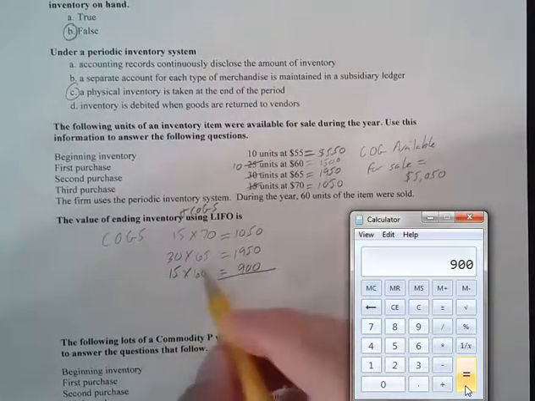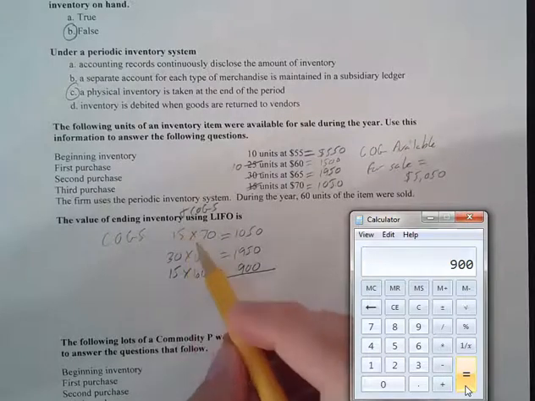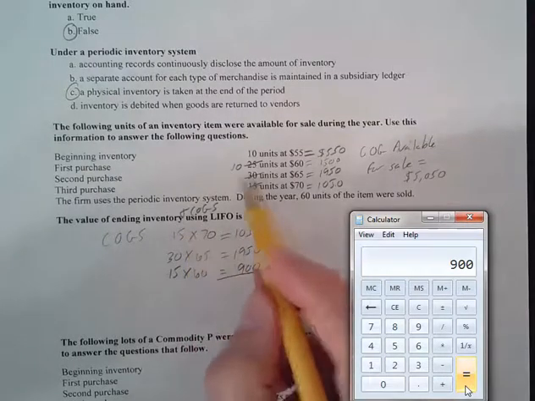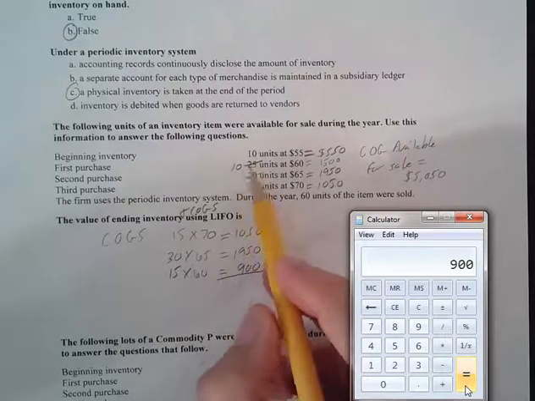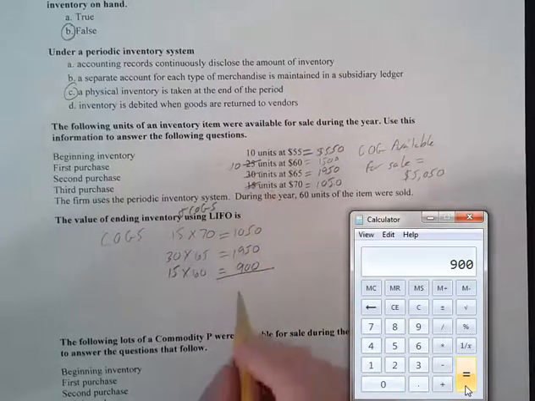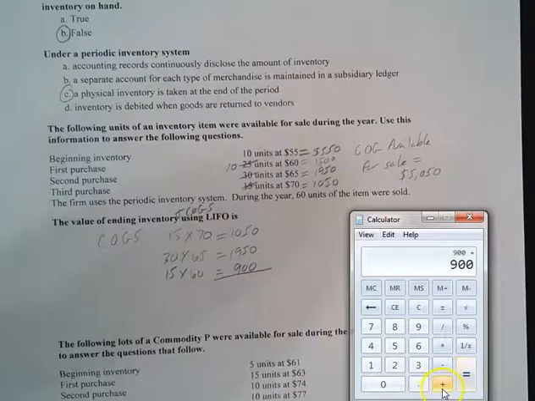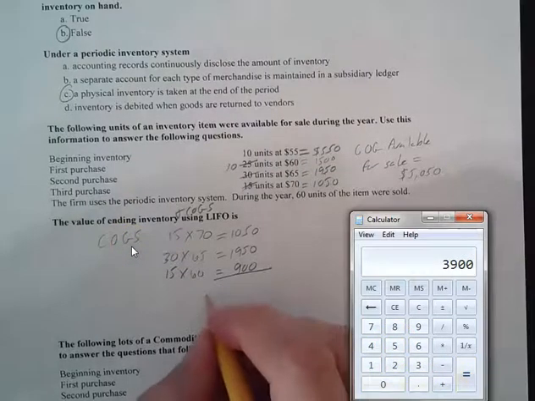All right, so say we sold 60 items, and since we're in LIFO, we're going backwards. All 15, all 30, and then 15 of the 25. All right? So if we were to add to that 900 right here, the 1950 and the 1050 that we expensed, our cost of goods sold is $3,900.